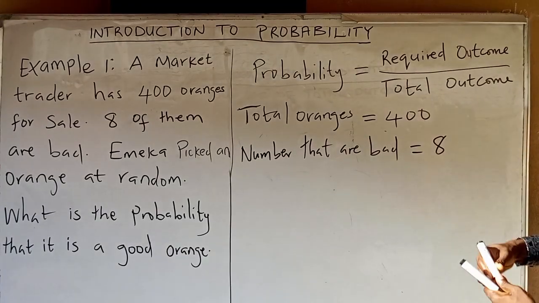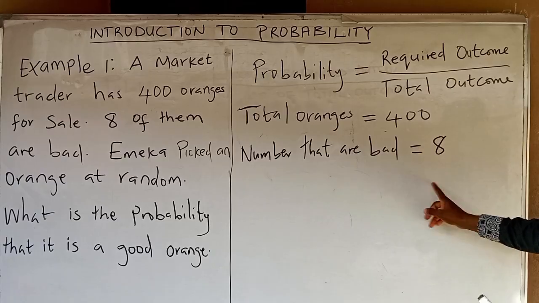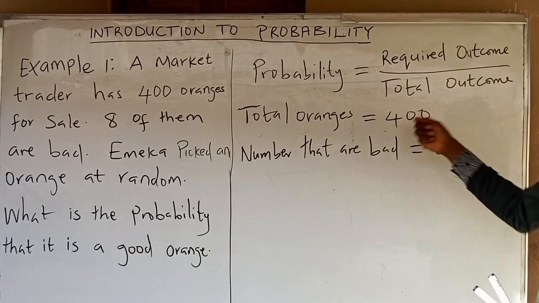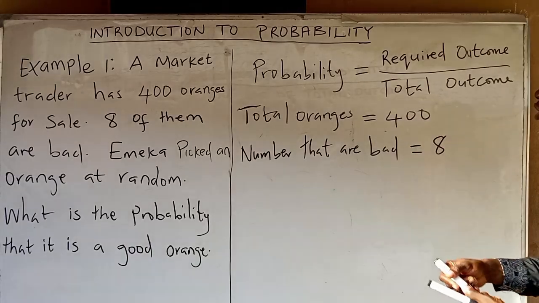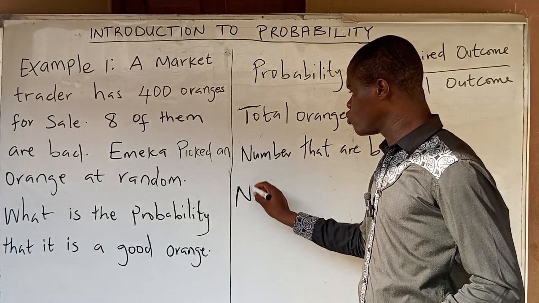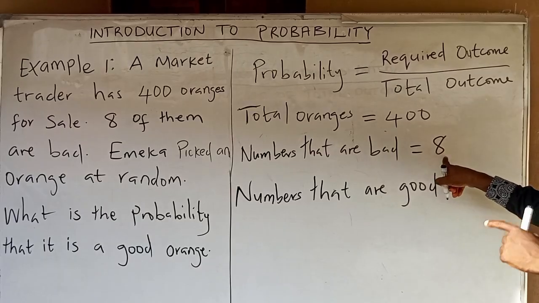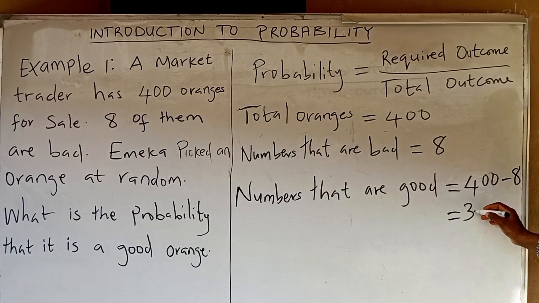Okay, if 8 oranges are bad, it means that to know the number that are good, you just remove 8 from this 400. So I can now say number that are good, total oranges 400 minus 8 bad oranges. This is going to give us 392. So it means there are 392 good oranges.